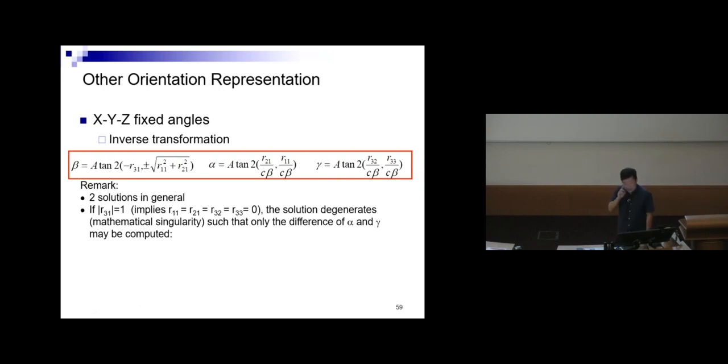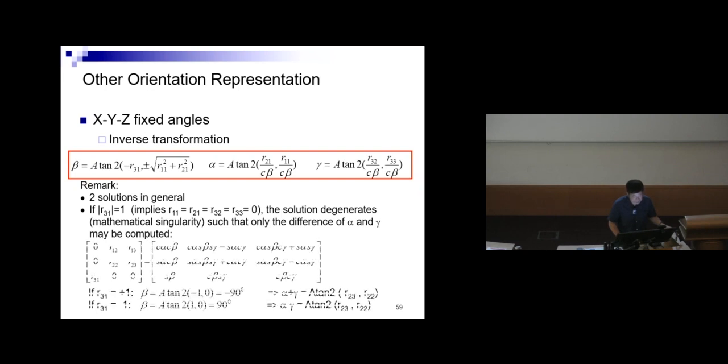So what happens here is the solution is going to degenerate, ending up with something called a mathematical singularity. You can't find the inverse; you have a singularity problem. In that case, the difference of alpha and gamma may be computed in this manner.